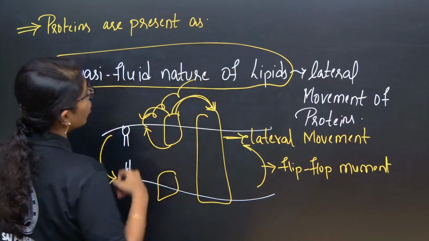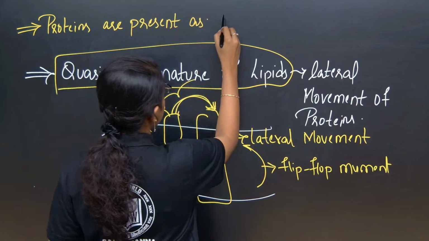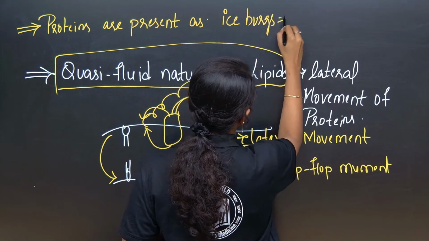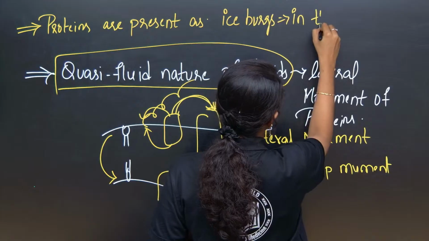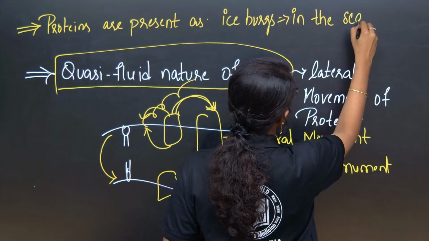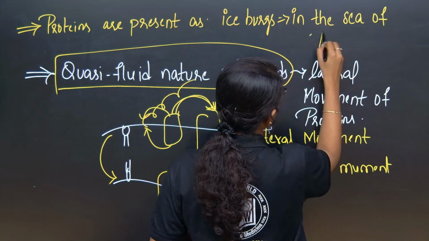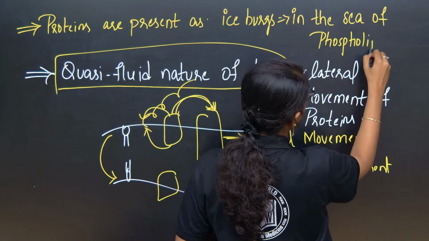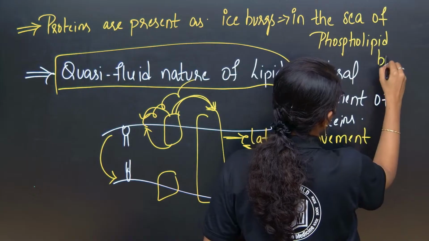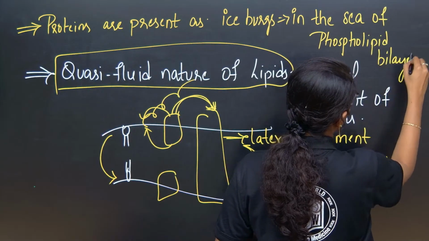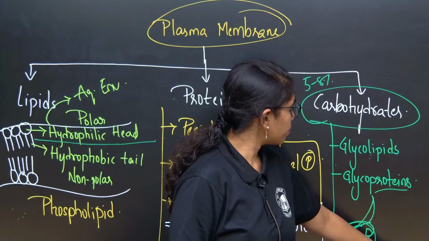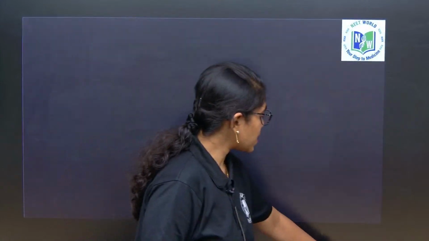Proteins are present as icebergs in the sea of phospholipid bilayer. Clear? Understood, right? So, this is the important term about plasma membrane.